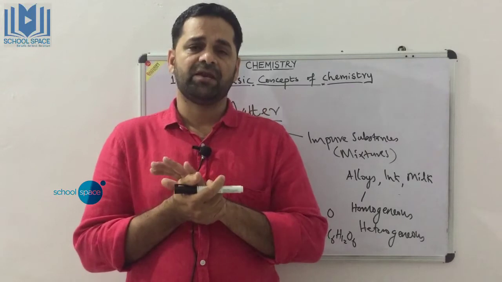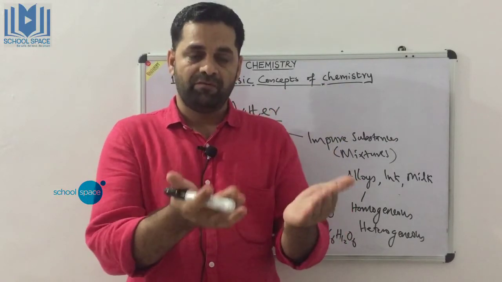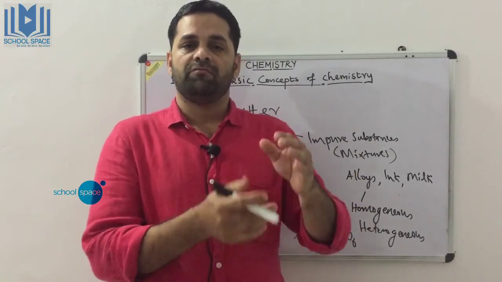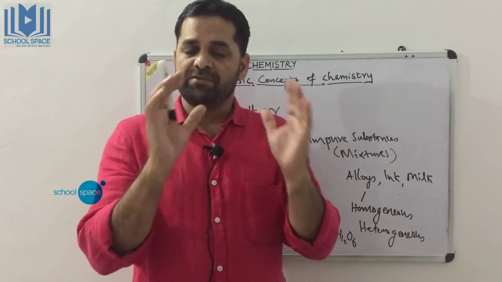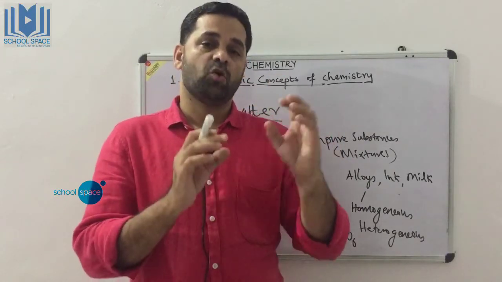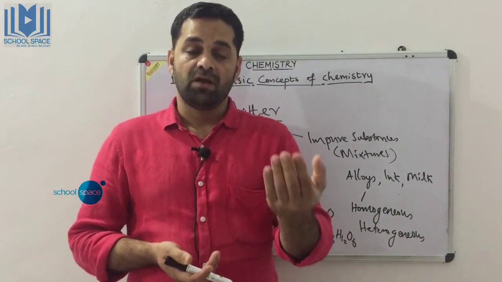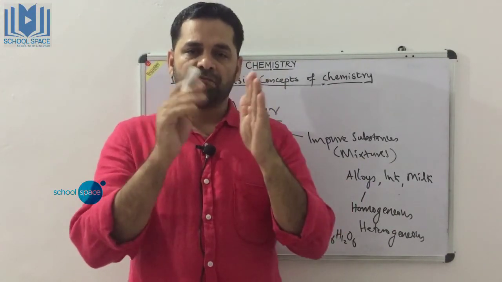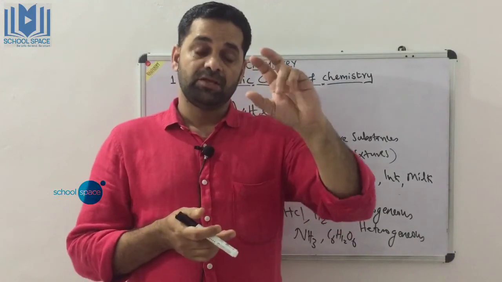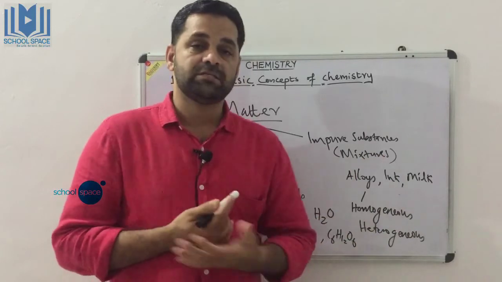When you mix sand and water and keep it for some time, there will be different layers. Then oil and water. There will be a boundary of separation, two layers. So that is called a heterogeneous mixture.